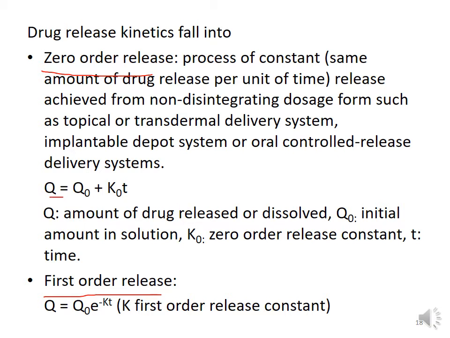This is a zero order equation, where Q is the amount of drug released or dissolved, Q naught is the initial amount in solution, K naught is the zero order release constant, and t is the time. For first order release, there is a change in the release rate with time, or usually there is a decline in the release rate with time, and this is the first order release equation.